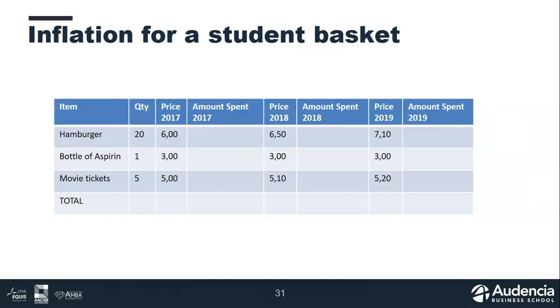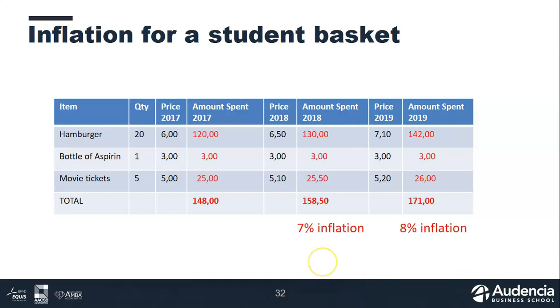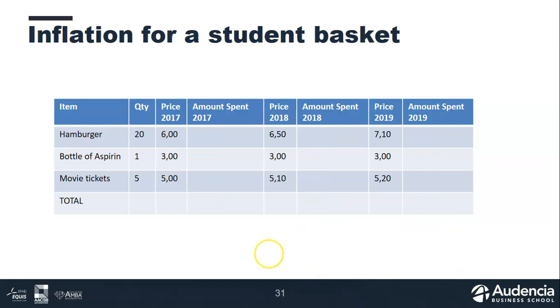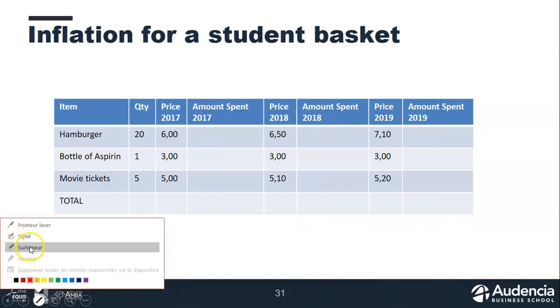So let's take an example, and we're going to calculate the inflation using a basket of goods that I've chosen here for a student. I've got an idea here of a typical student. So let's go back here. What we'll do is calculate this, and we'll see if we can make this work.